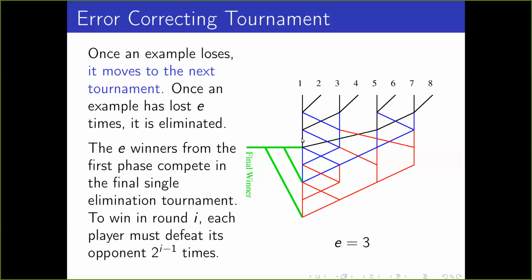And then once you've reduced things to log many winners, you can do something much more careful in terms of comparing things. So you can afford to have much larger importance weights. What that corresponds to is, I think in the NBA, they have these tournaments where teams have to play each other, and the number of times they have to play each other in order to get a majority win increases as they go towards the root. It's that kind of structure which is implied here.